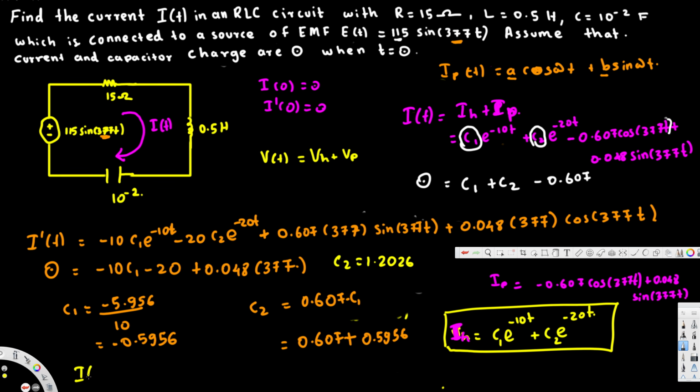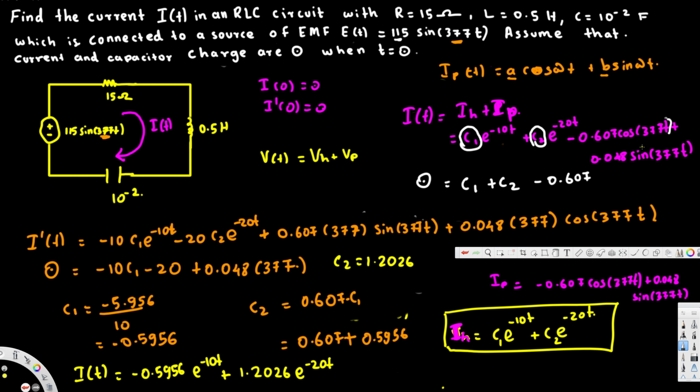That's going to be I of t is equal to c1. c1 is equal to negative 0.5956 e power negative 10t, then plus c2. c2 we calculated, that is 1.2026. So this is going to be 1.2026 e power negative 20t.